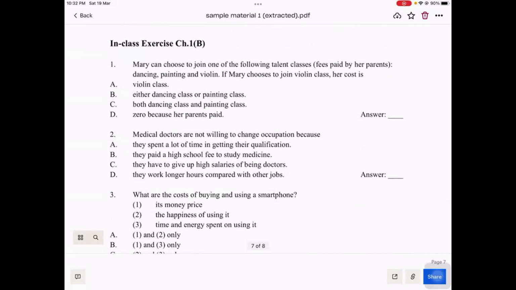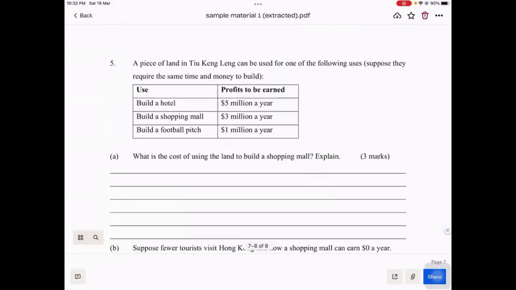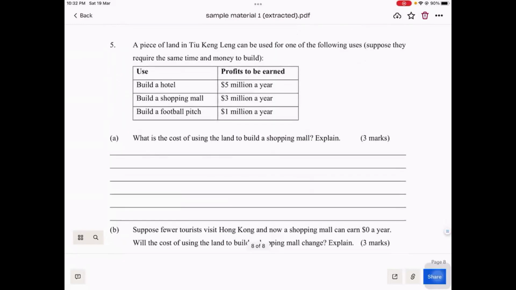The exercises are also adapted to fit Hong Kong's situation. Cases related to farming or industry may be less relevant to our students because we live in a financial city, and the cases we use are like using land, because this is the news that we hear in Hong Kong every day: how to use land, because we have a shortage of land.